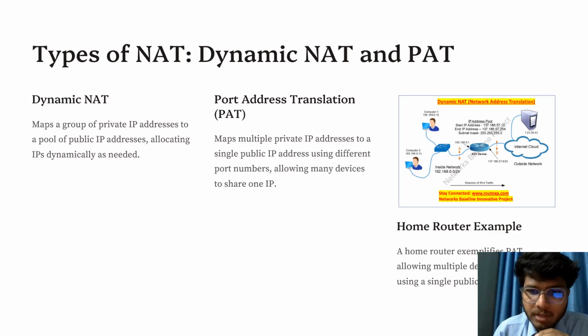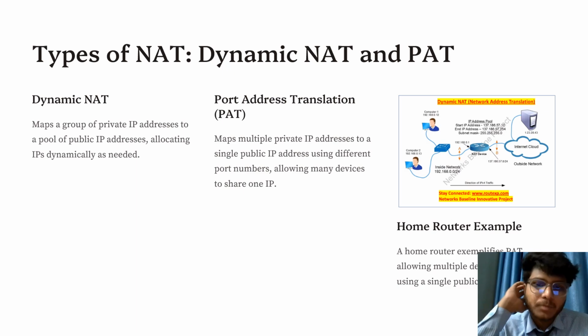When a device sends an internet request, it temporarily gets a public IP from the available pool. It is mainly used in business networks, companies with limited public IPs but multiple internal users, and enterprises with fluctuating traffic. Dynamic NAT adjusts as devices connect and disconnect.